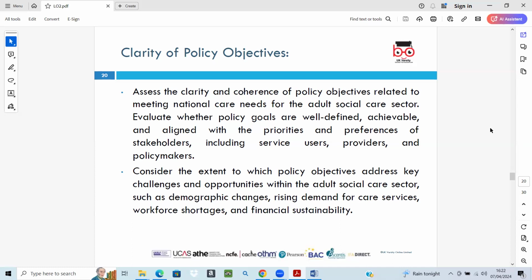Financial sustainability is always very important. Then we emphasize innovation and improvement, and we need to consider whether the policies encourage the adoption of new technologies and practices, and we always go for continuous quality improvement in care delivery. This is about this slide.